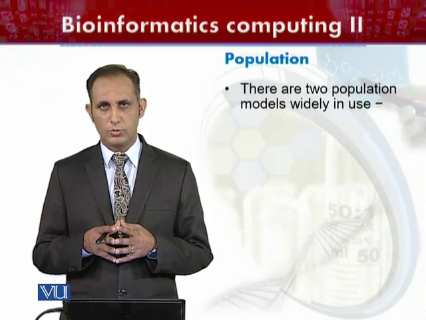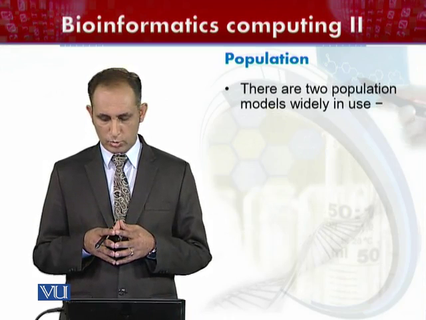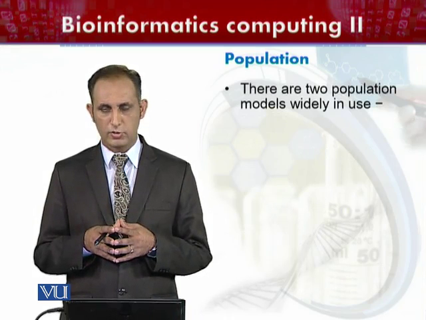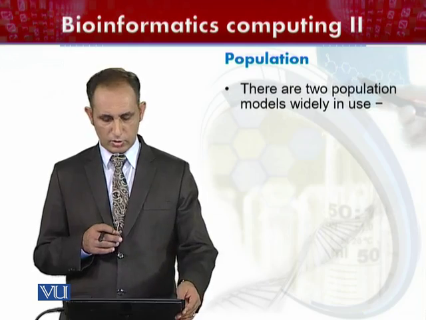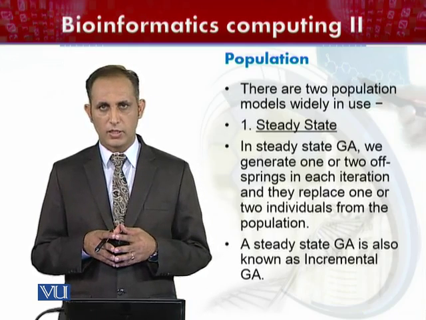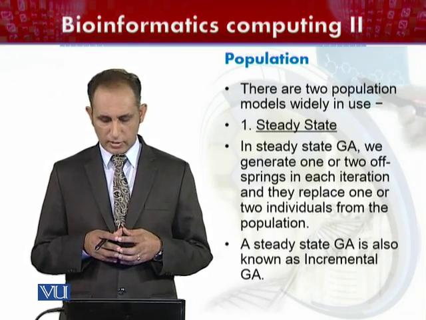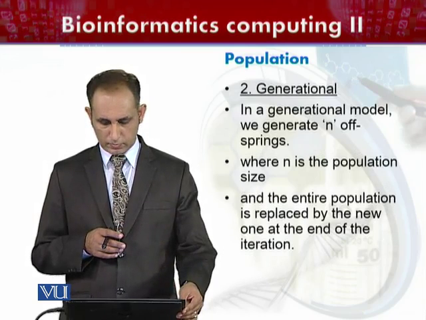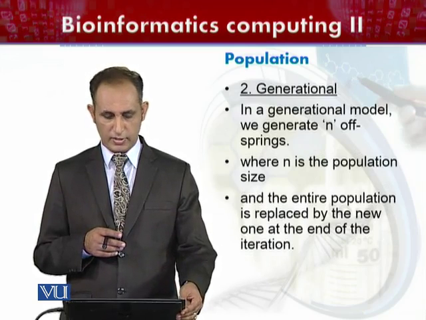Again, there are two different types of models which are used for population models, which are widely used in genetic algorithms. One method is called a steady state method, and the other one is called a generational method.